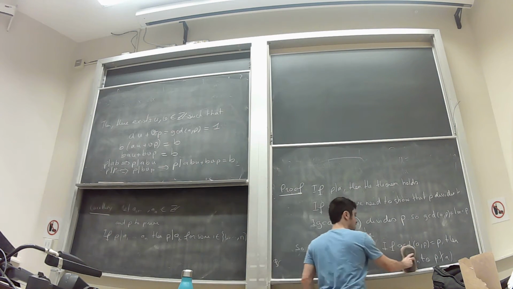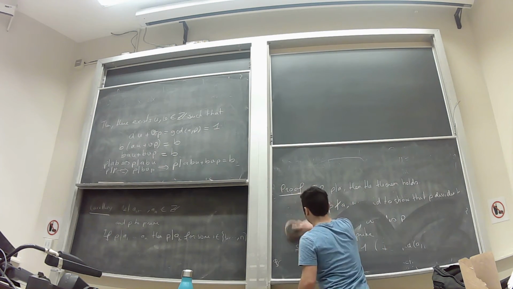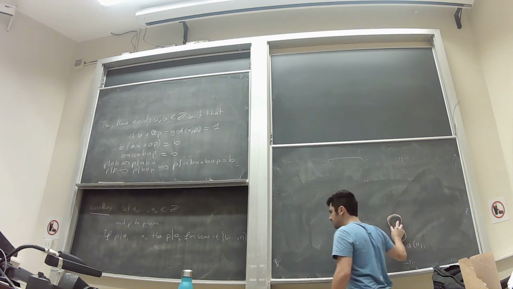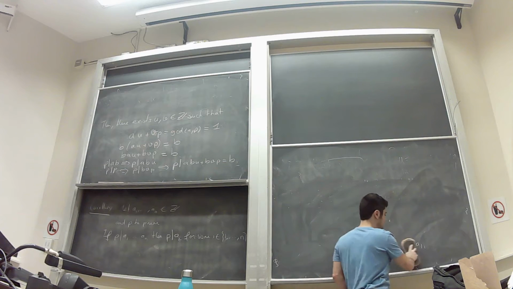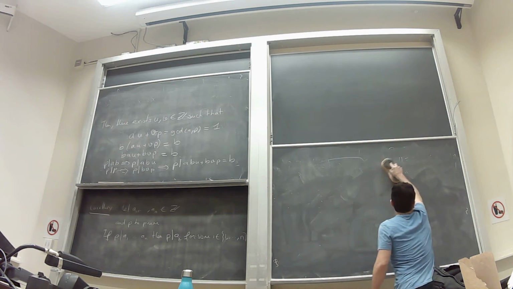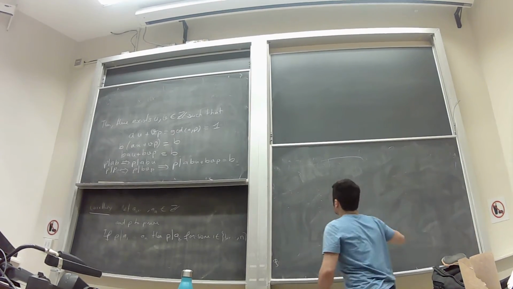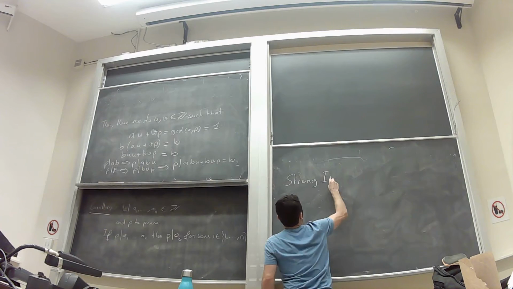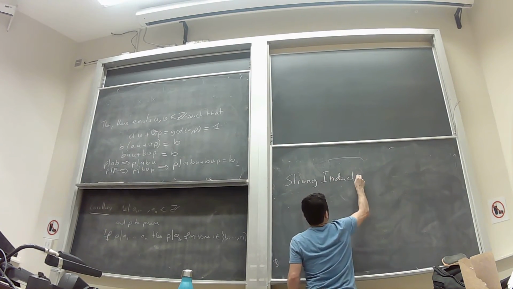Great. Now we move on to prove the fundamental theorem of arithmetic. Now before I prove it, I need a small thing. It's called strong induction, and it's basically a form of induction. It's a way of proving statements about integers.